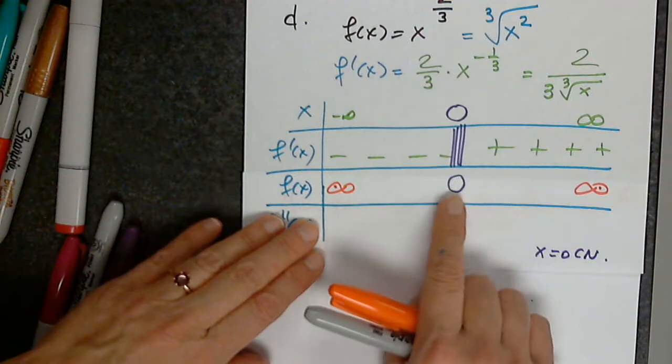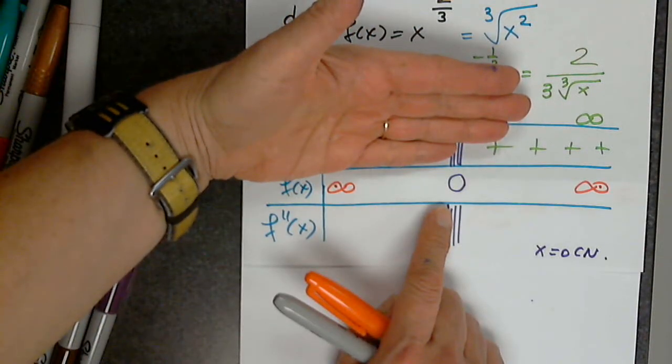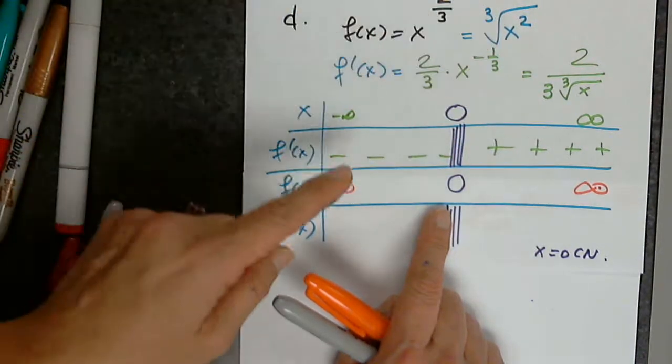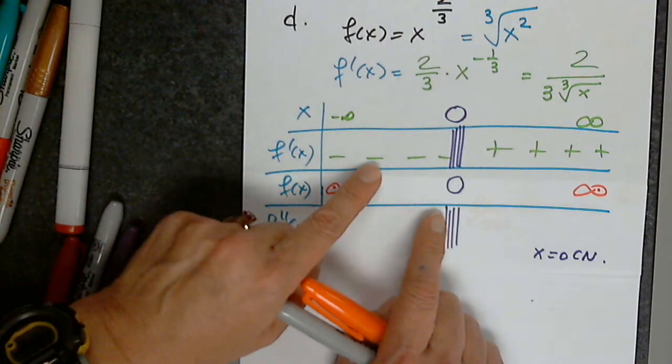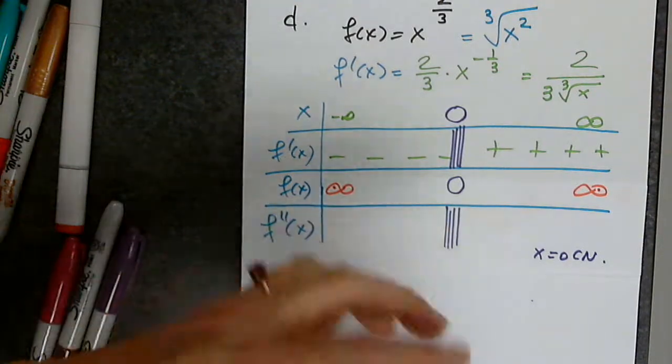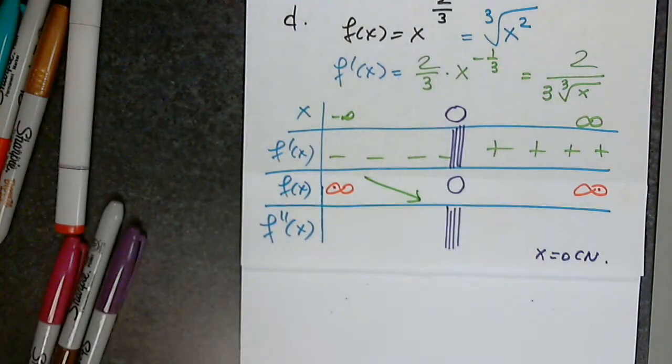From infinity to 0, what does this function do? Right. Is this fact supported by the sign of the first derivative? Therefore, I know the function is decreasing.